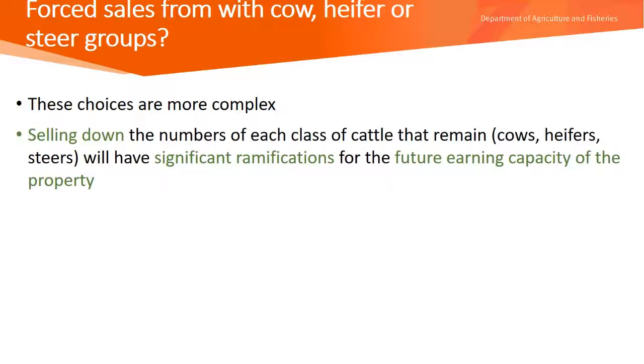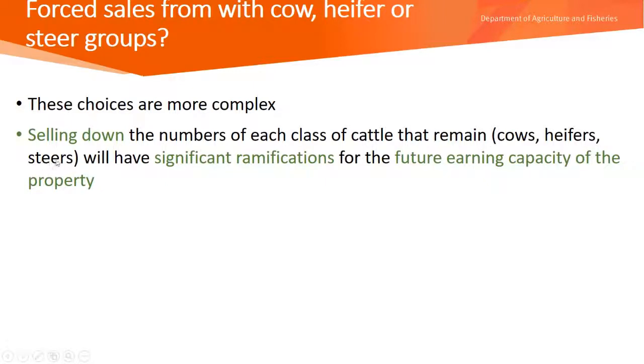Now, this is becoming quite complex, because most of those previous decisions have been fairly straightforward. Now we're getting into the difficult decision of, in a forced sales situation, who's got to go first. The sales are forced, so this is complex. So selling down the numbers of each cattle that remain on our example property, either the cows, the heifers or the steers.